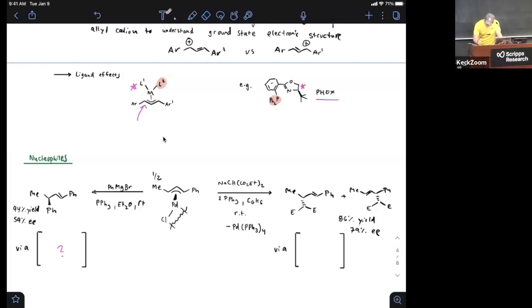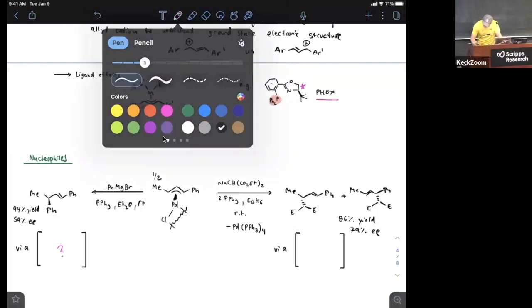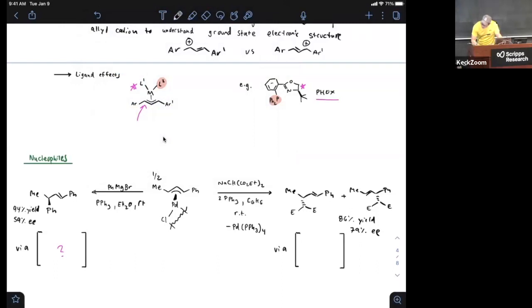So what we've already seen, we'll just restate, is that this classical soft nucleophile is going to react via this outer sphere pathway.